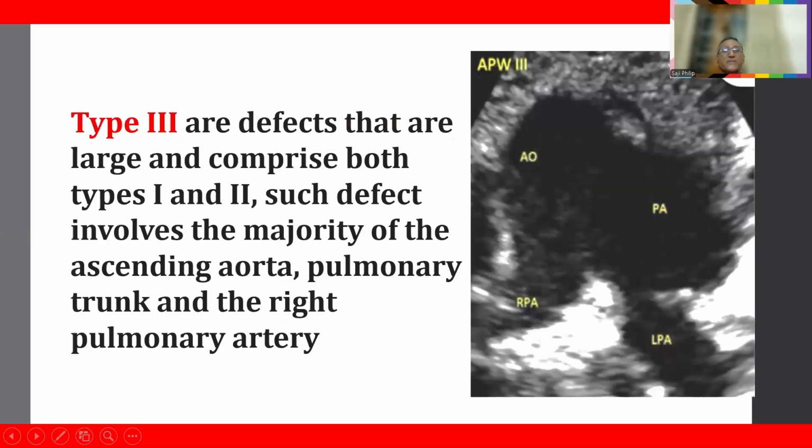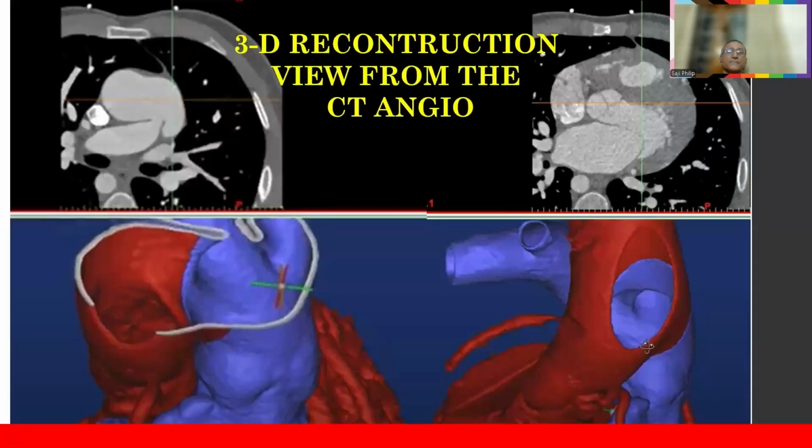Type 3 is between these two. Large defect. The majority of the membrane is absent from the proximal to the distal till the bifurcation, where there will be a large aortopulmonary window. Once you detect this, immediately you should send for surgery.